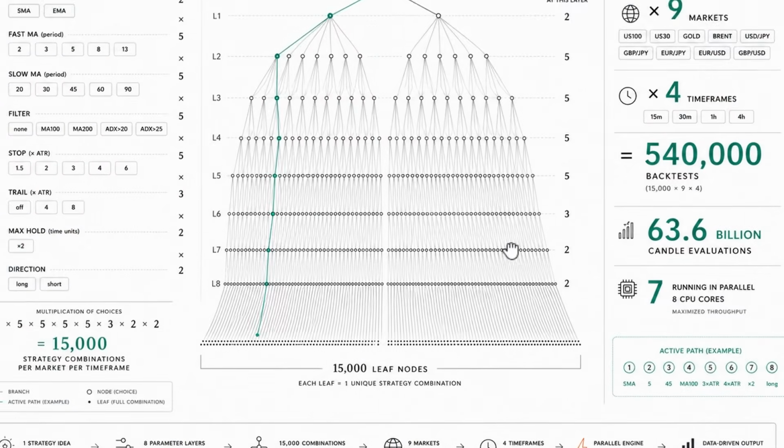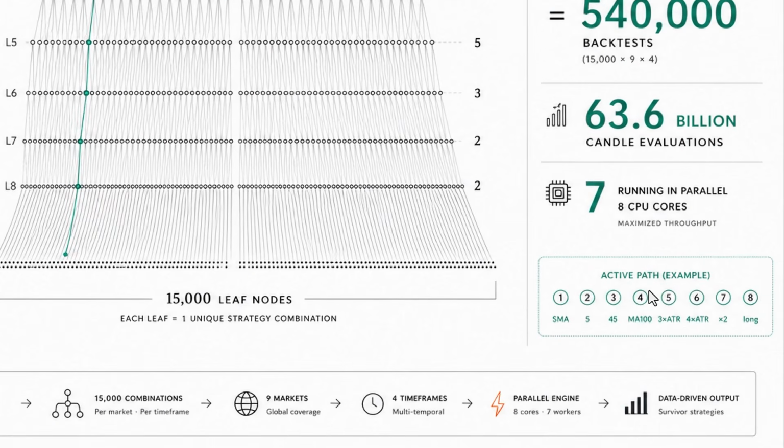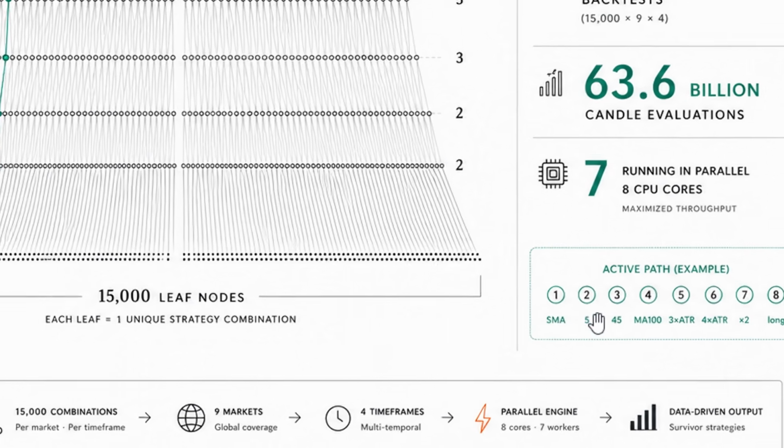Okay guys, so for example, here's an active path, an active leaf, a single strategy out of these 15,000 possible. For layer 1, we choose the simple moving average. For the fast one, we choose a period of 5.